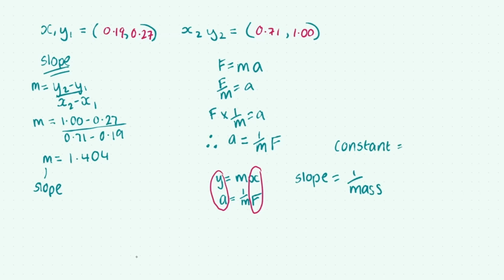So finally, to calculate the mass, we need to find the inverse of the slope. So slope is equal to 1 over the mass, which means that the mass is equal to the inverse of the slope.